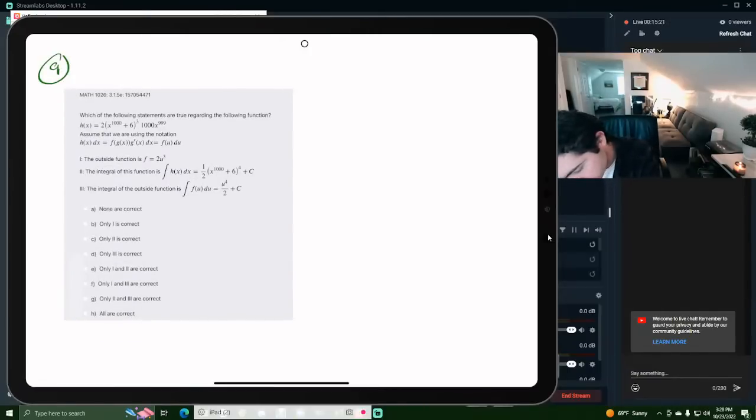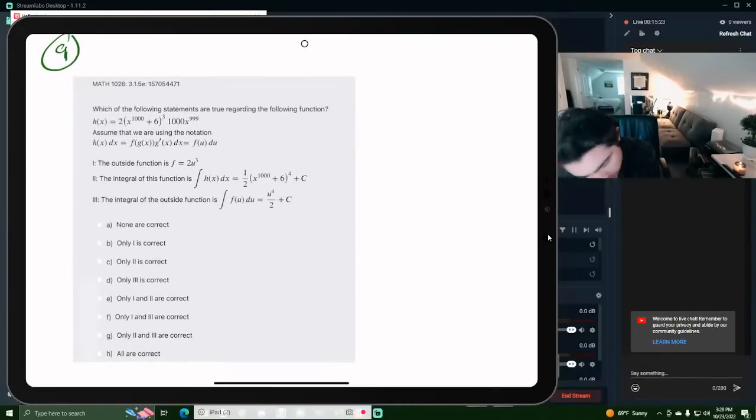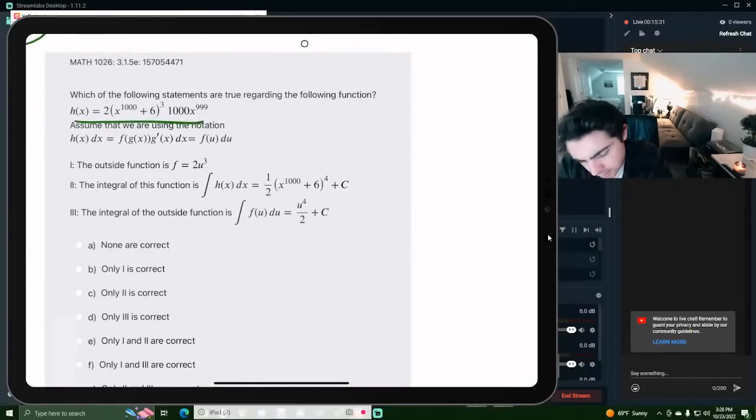Number 9. We are given this strange setup. We're given h of x, and it looks like the result of taking a derivative using chain rule. What I notice is whatever's inside parentheses is usually our u, our inside layer, or inside function.